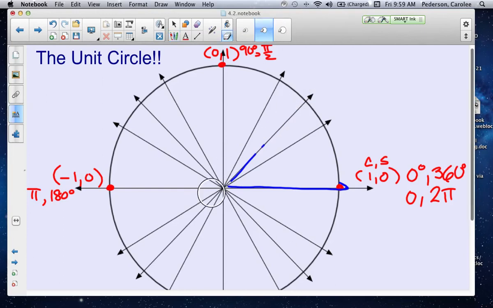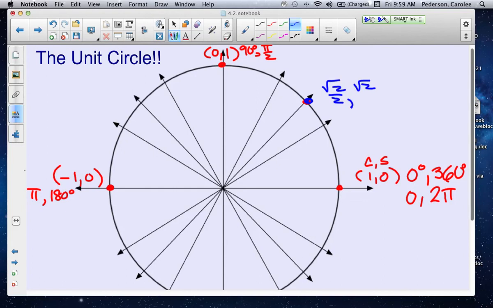So remember the 45, 45, 90 special right triangle? This point right here, you have on your worksheet, is square root of 2 over 2, square root of 2 over 2. It is 45 degrees.